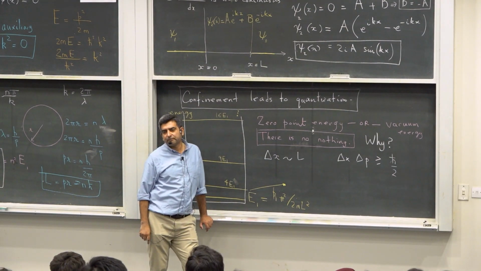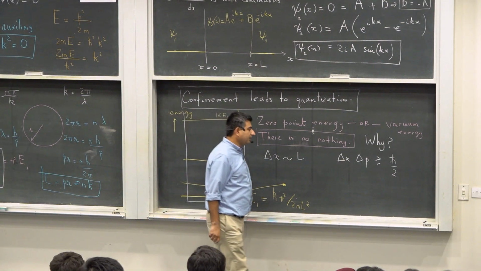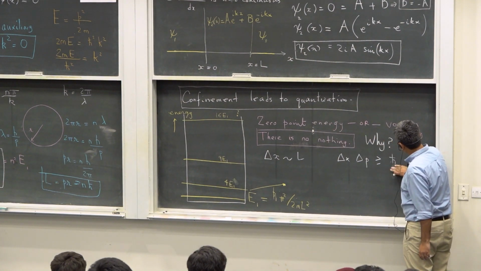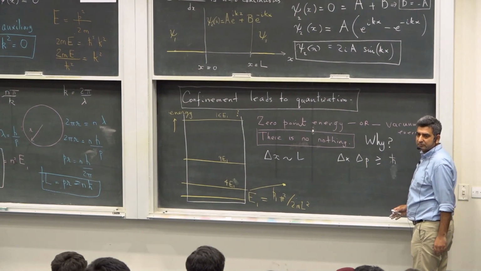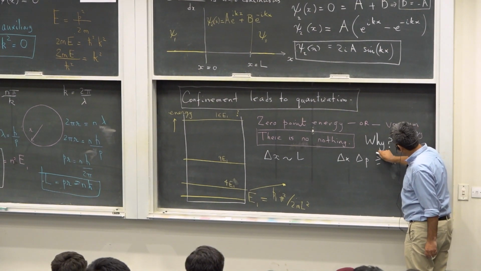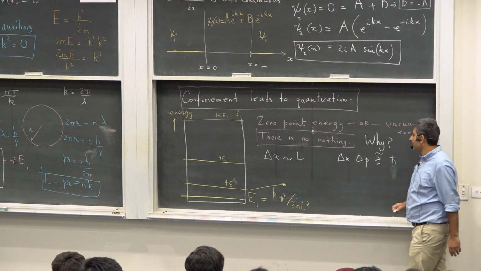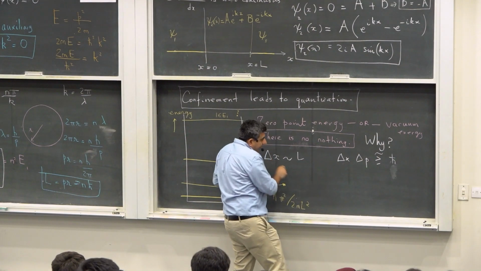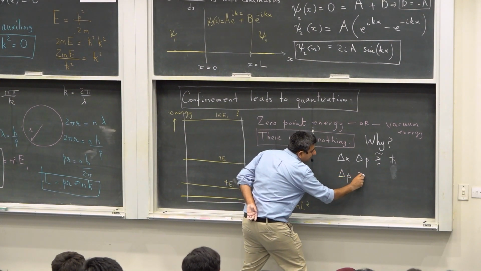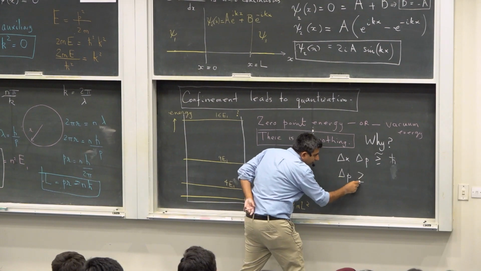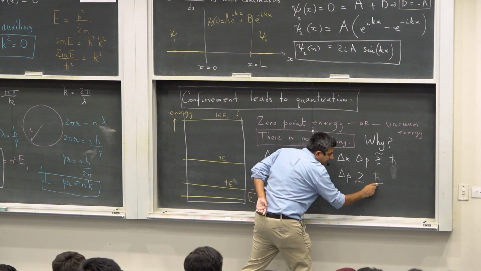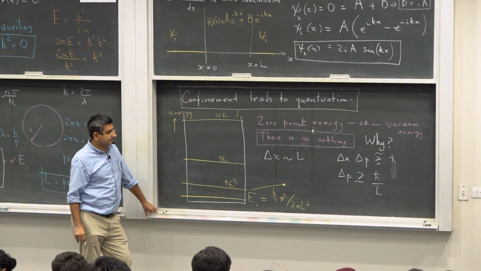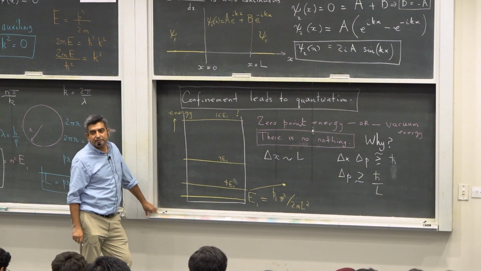I know this. So it also means that this would also be true. I'm just doing rough calculations here. So if this much is my delta x, my delta p must be bigger roughly than h bar over delta x, which is L. Correct?